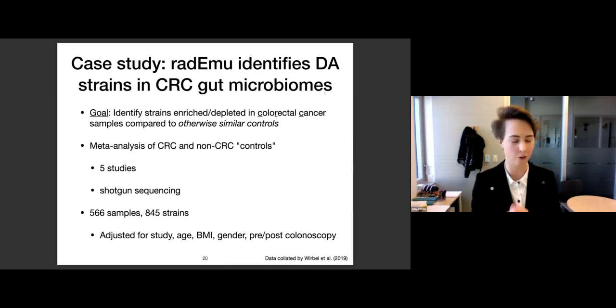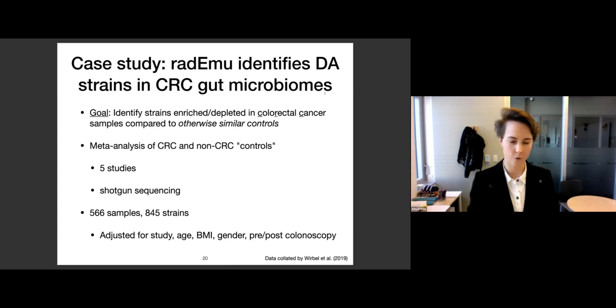So that just is an incredible community resource, and I really want to shout out to Wirbel and co-authors for making their data available for this study. So what they did was they performed what's called a meta-analysis of 5 different studies, which each performed shotgun sequencing analysis of cohorts that included both folks with colorectal cancer as well as non-colorectal cancer control folks.